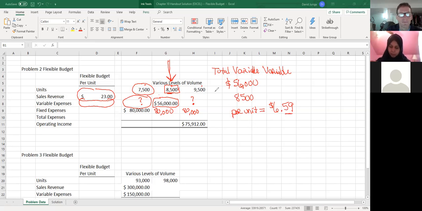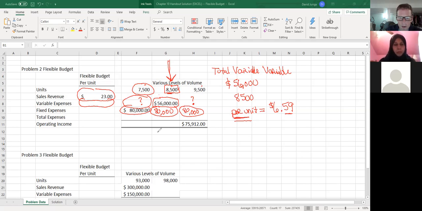So here's the deal. We know the rule about fixed cost. Total fixed cost, I just showed you, 80,000 is the same. It's constant for all these activity levels. That's a rule. We should also remember on our rules of cost behavior, a variable cost per unit is also constant, right?